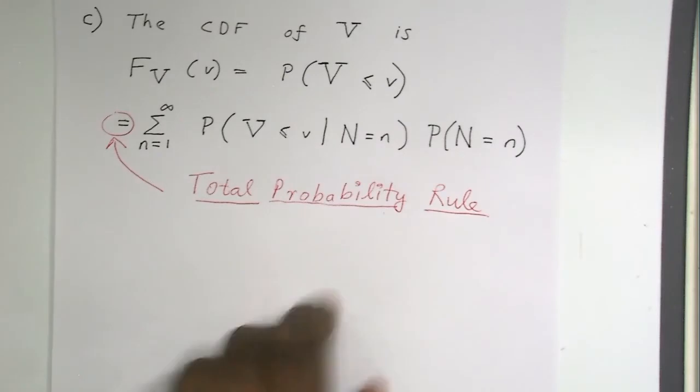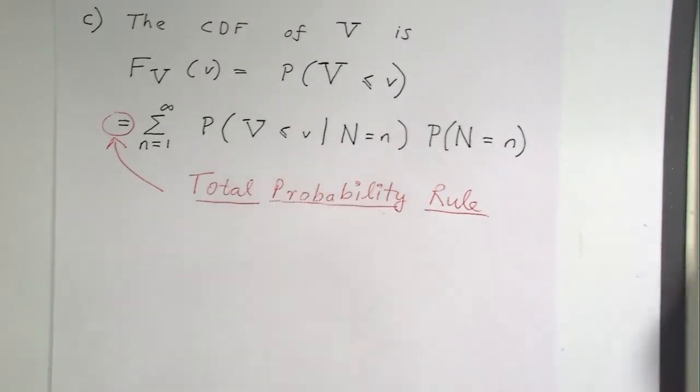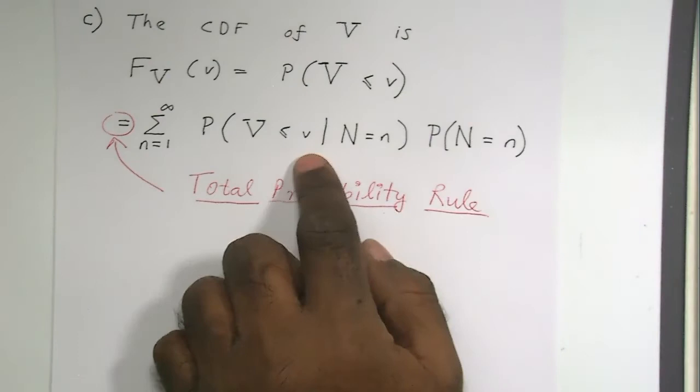Now to find the conditional probability, I'm going to use what we got under case 1. You may remember that in case 1, this is what we got. This is the formula that we got under case 1 for the CDF of V. So this is the same as the conditional probability.